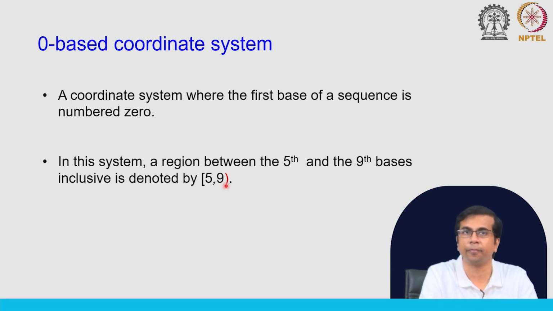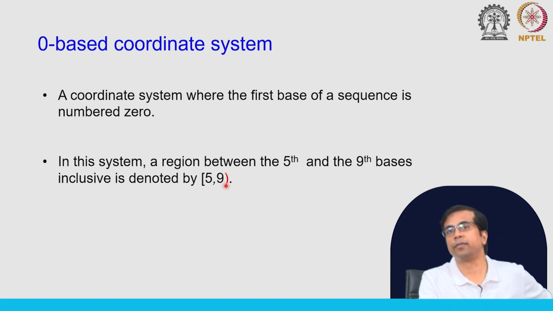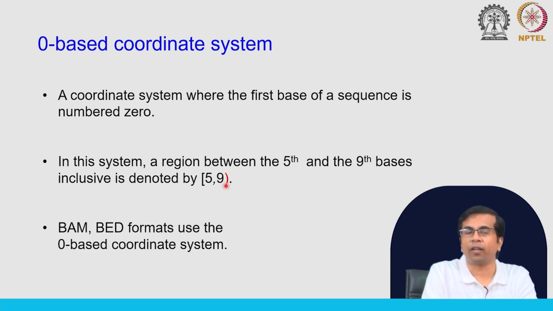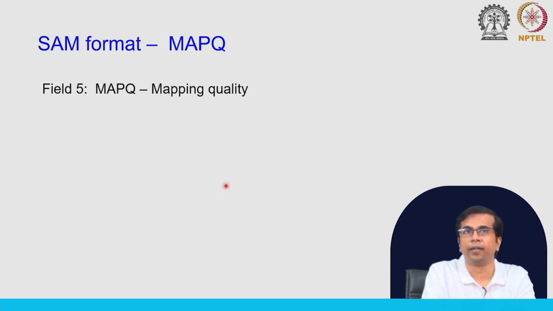In the same example, between the 5th and 9th base inclusive, in a 0 based system this will be denoted by [5,9) with an open bracket, not the closed bracket. The BAM and BAI formats, as well as other ones, use this 0 based coordinate system. Again, this is important to know if you are working with these files and writing code to extract data from them.